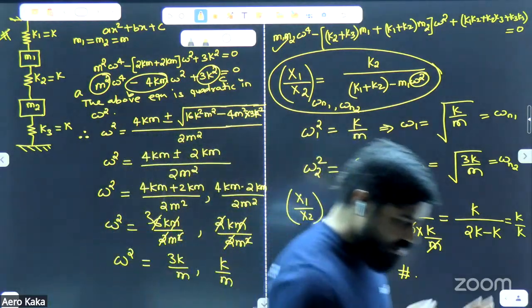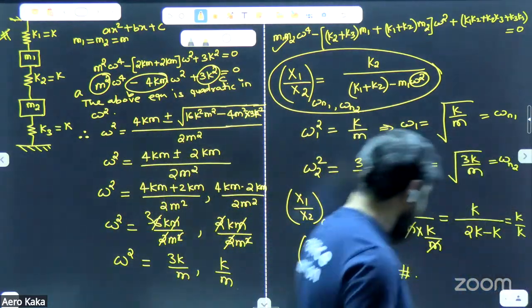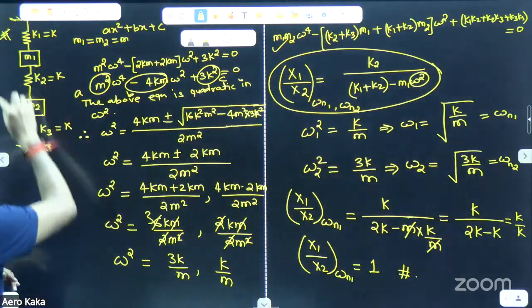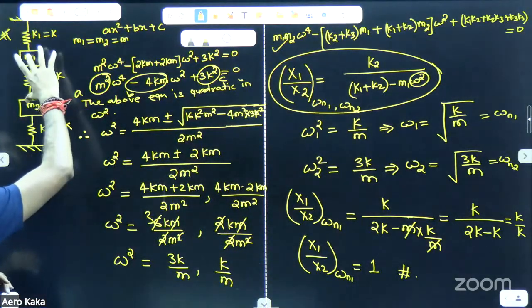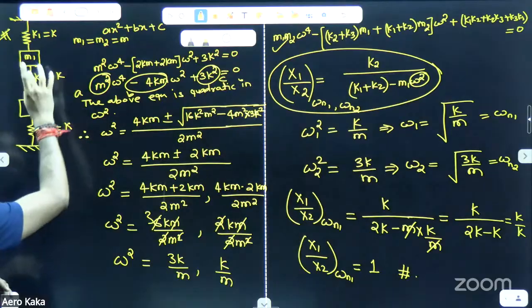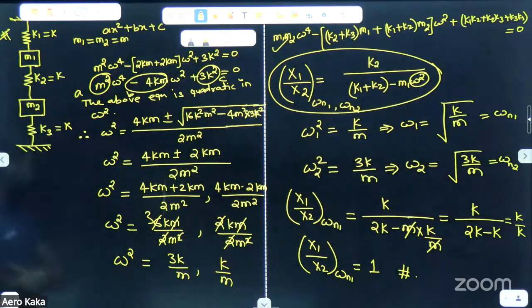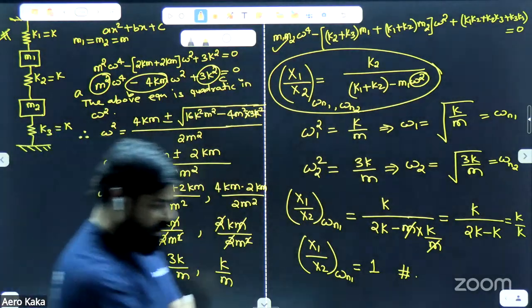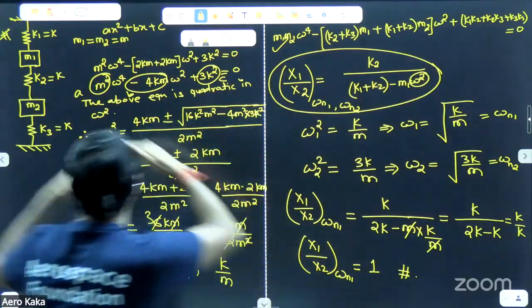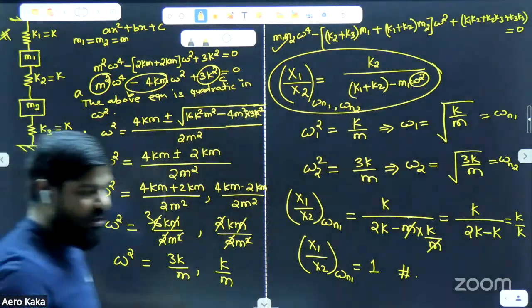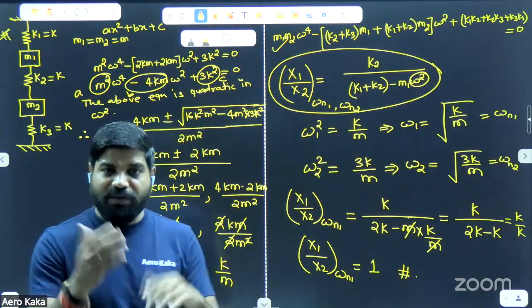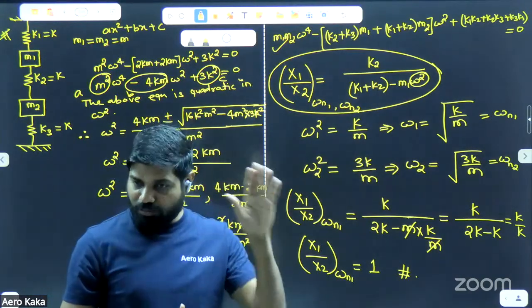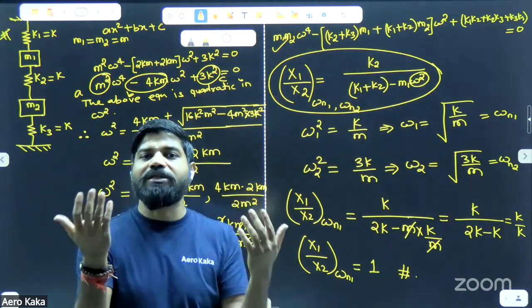Please remember, in this case, there is a relative motion between these two masses, which are coupled by this spring K2, right? So this mode shape generally tells us how the displacement of these two masses takes place. If it is coming plus, it means that the motion of these two is in phase.